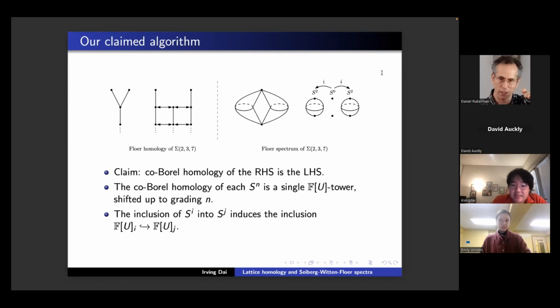And so it's very easy to see that, because co-Borel homology is going to satisfy some sort of Mayer-Vietoris principle, if I take the co-Borel homology of the thing on the right, then I will, in fact, get the F[U] module on the left. Indeed, I will get what I claim to you is HF minus of sigma 237, with the presentation that came from lattice homology.